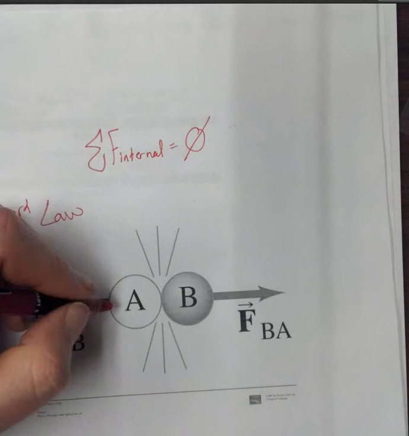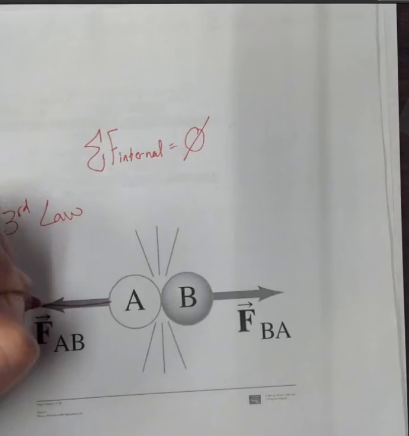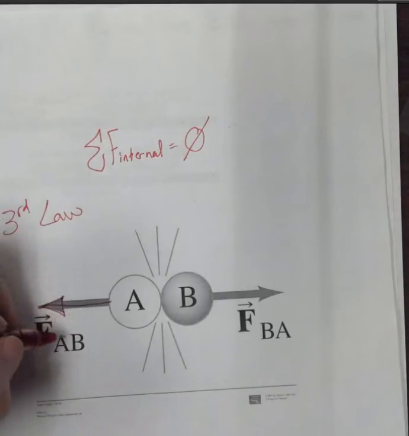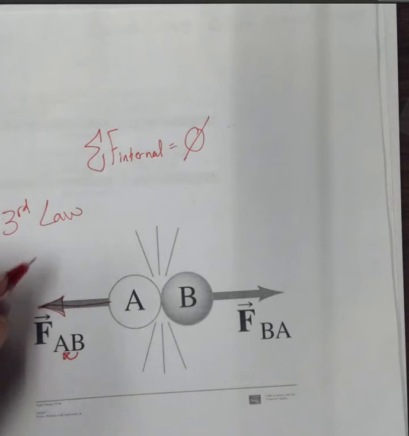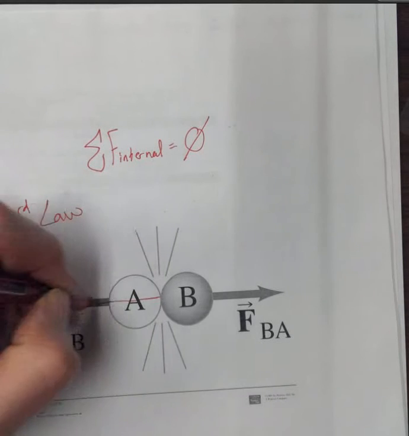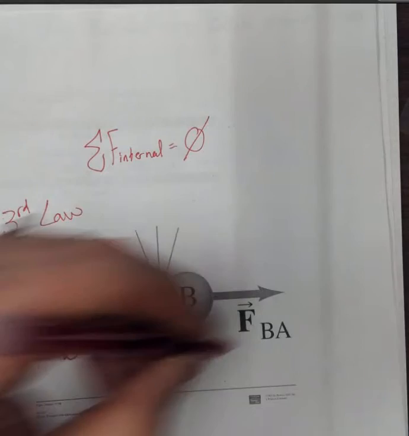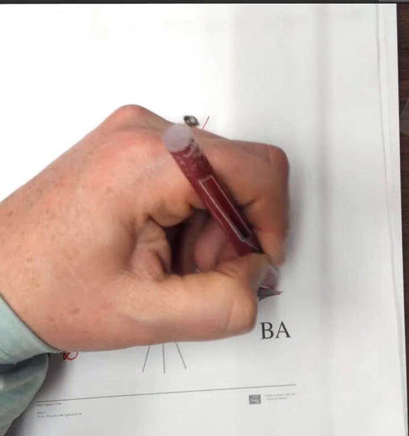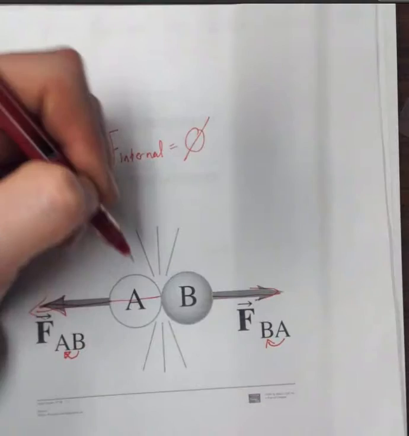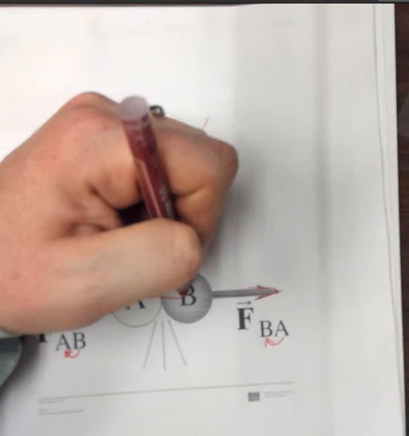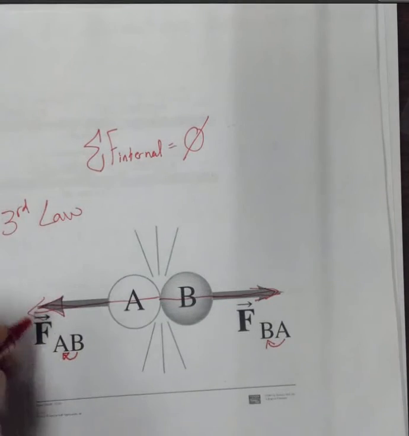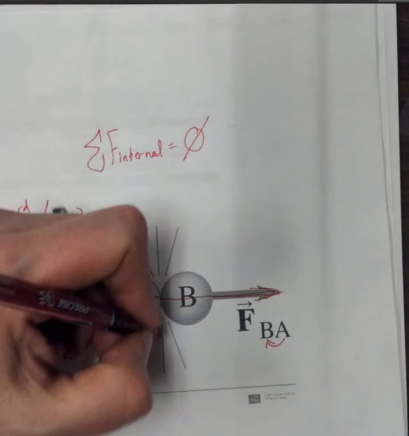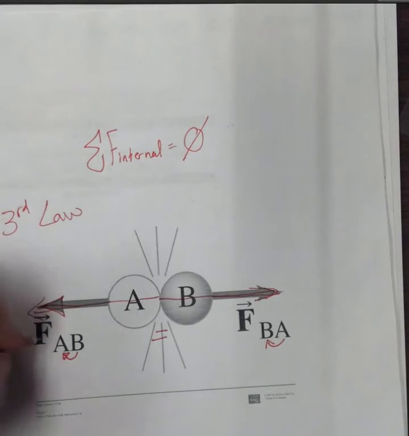This force that ball A experiences is a result of ball B. So this is the force of ball B on ball A, and ball B exerted that force in this direction. Here, this force is the force of ball A on ball B. This force is exerted by ball A colliding with ball B. This means that this force and this force are equal in magnitude, but opposite in direction.